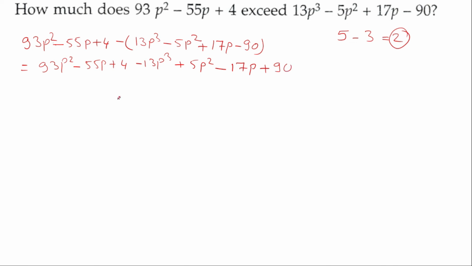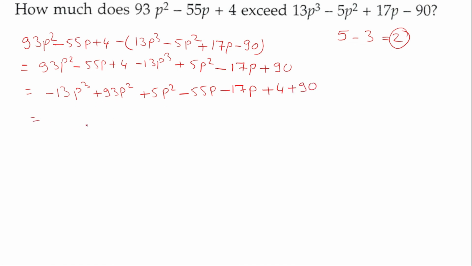Next is to take all the like terms together and arrange them as per the degree. So we will write this one first, minus 13p cube, then plus 93p square plus 5p square, minus 55p minus 17p, plus 4 plus 90.